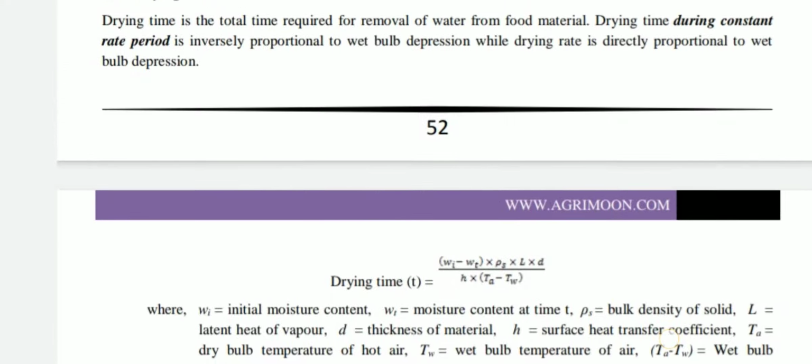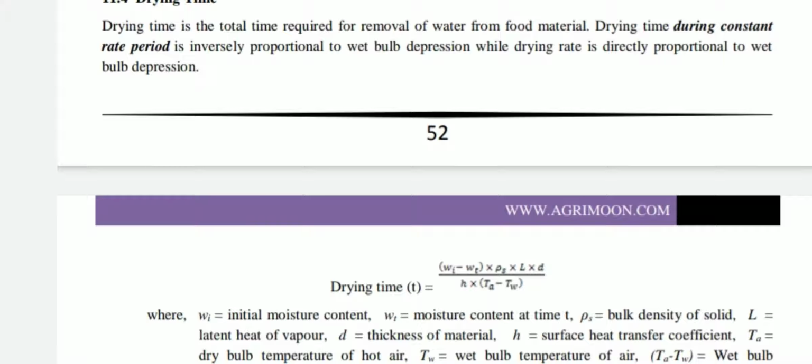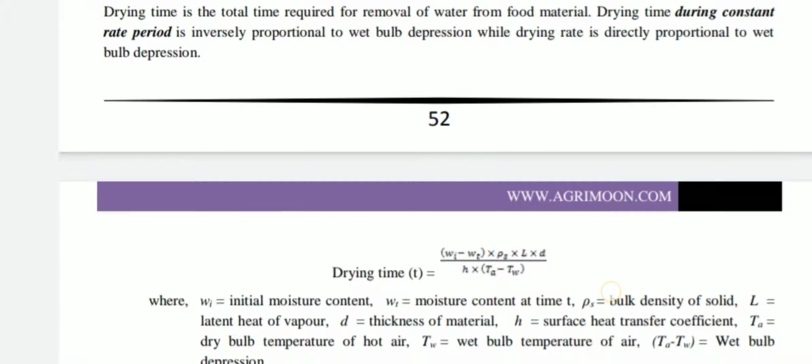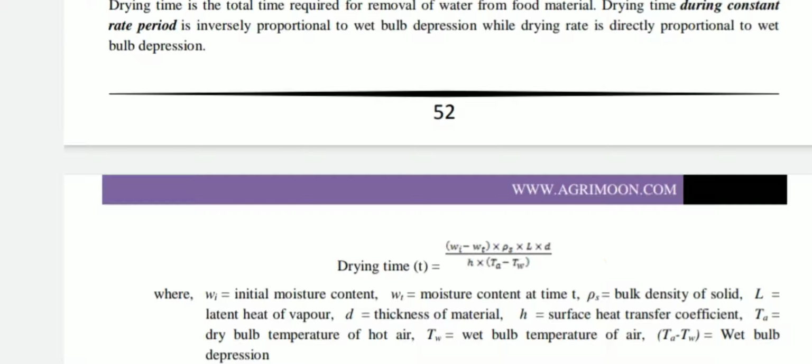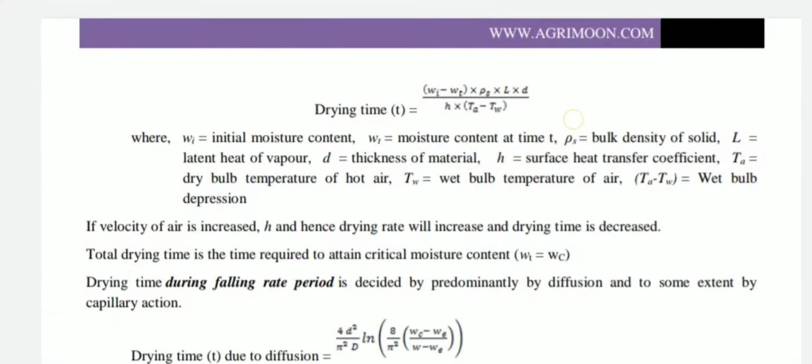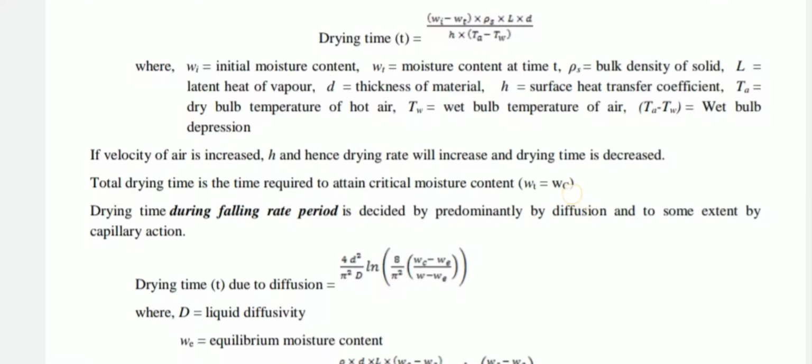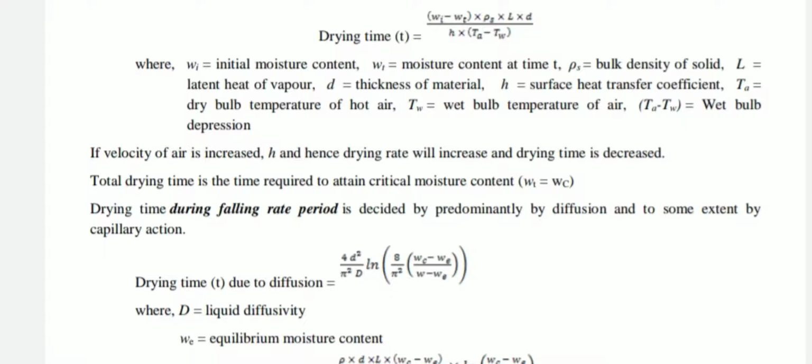So we can understand the relation: drying time during the constant rate period is inversely proportional to wet bulb depression, while drying rate is directly proportional to the wet bulb depression. Now, total drying time is the time required to attain critical moisture content.